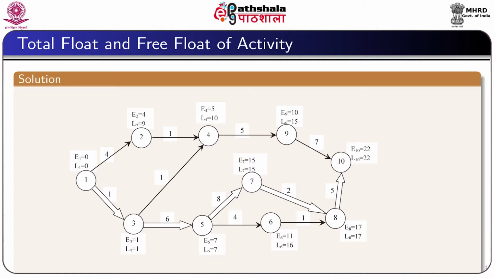As you can see, Ei equals Li for all the events lying in the path 1, 3, 5, 7, 8 and 10. Therefore, the activities 1-3, 3-5, 5-7, 7-8 and 8-10 are called critical. That means any delay in any of these activities will delay the completion of the project.